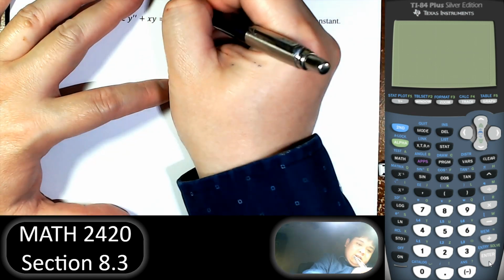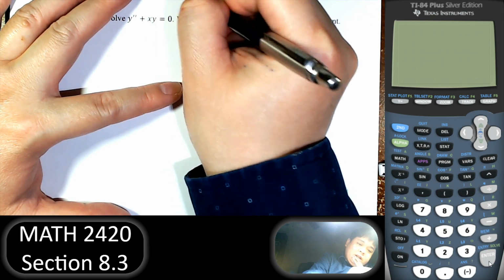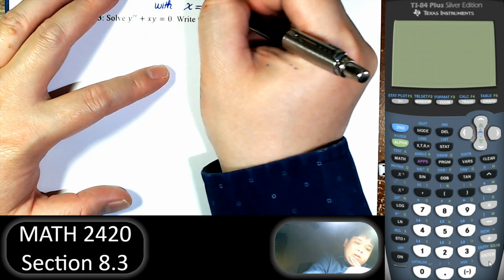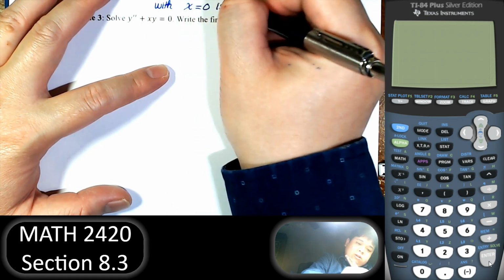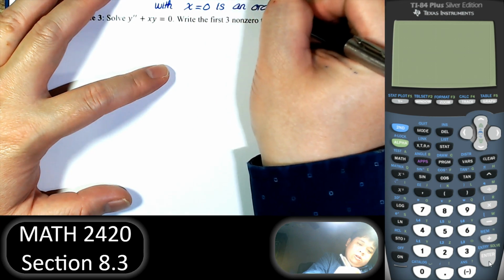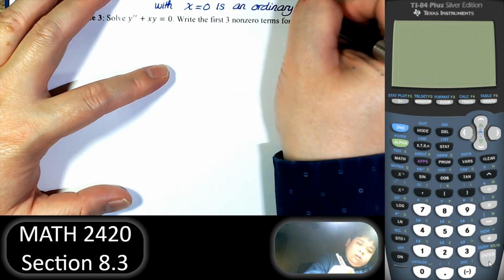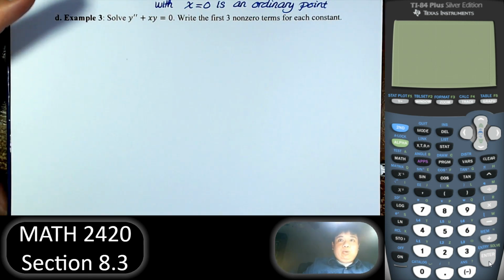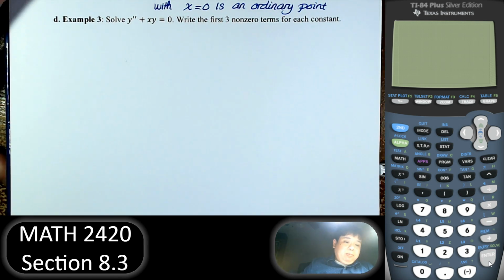But once again, x equal to 0 is an ordinary point, meaning that we will write the solution at x equal to 0, and there will be no problem with it.